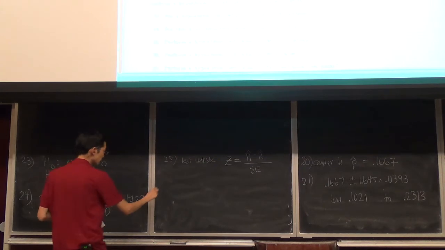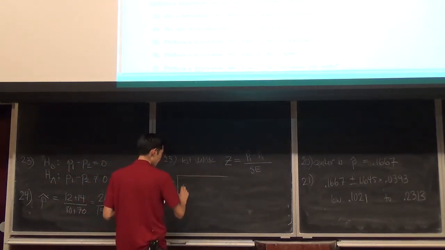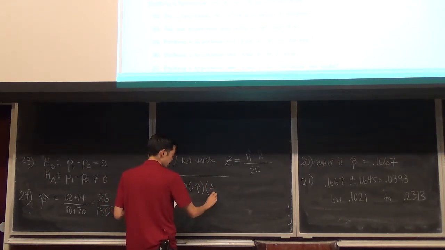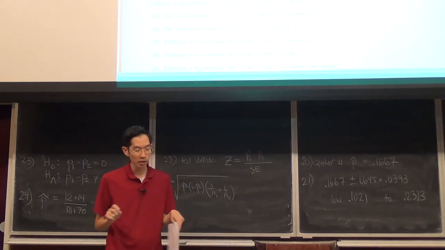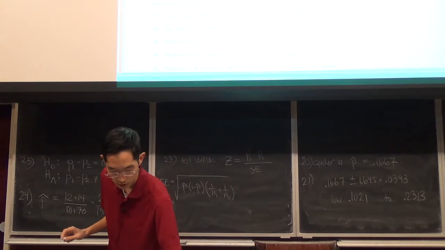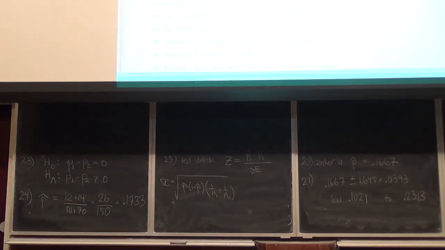Our standard error is given by the square root of P hat times 1 minus P hat, times 1 over N1 plus 1 over N2. Again, if you're not sure what to do, you can always turn to your study guide. The test statistic is always this minus this, divided by the standard error. And so for two sample proportions, your standard error is that.